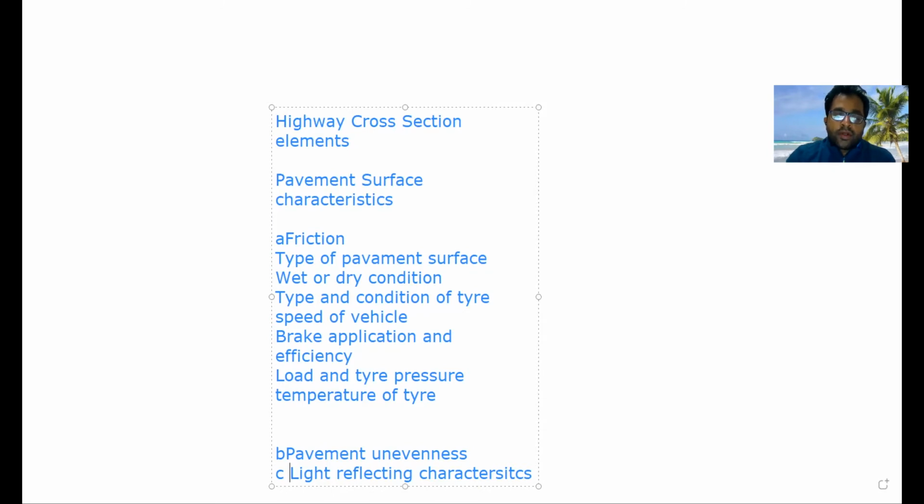Next one is pavement unevenness, and the third one is light reflecting characteristics. So these are the several factors.